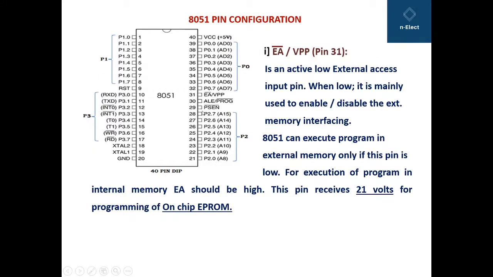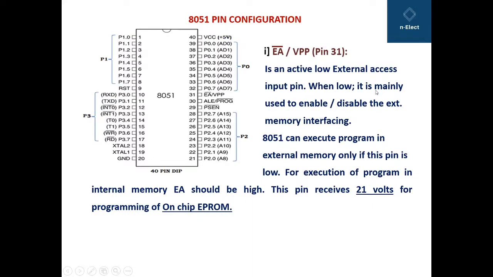Then pin number 31, that is EA bar or VPP pin. It is an active low external access input pin. This EA stands for external access, and since bar is there, it is an active low pin. When it is low, it is mainly used to enable or disable the external memory interfacing, right?